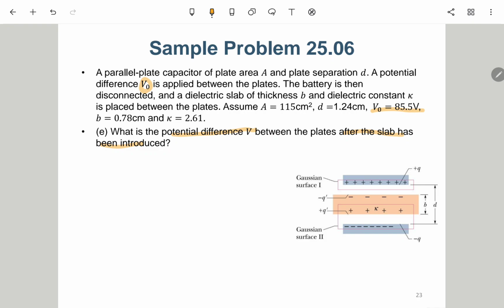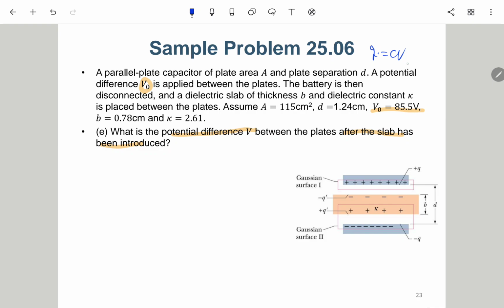Before inserting the slab, we already disconnected the battery, so the Q doesn't change, and after inserting the slab, the capacitance will increase. As we have Q equals CV, Q doesn't change, C increases, so the V will decrease.